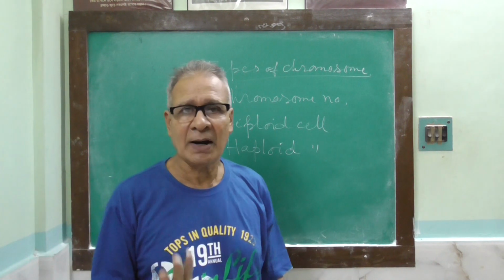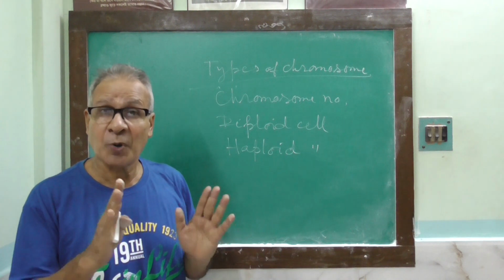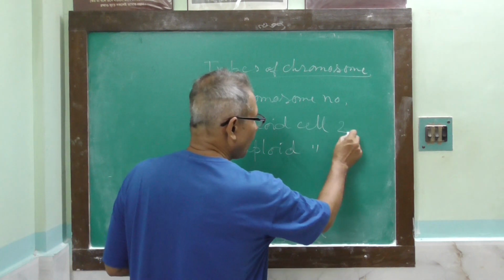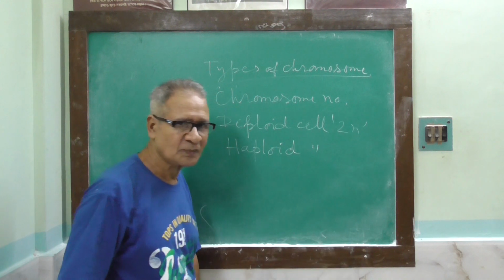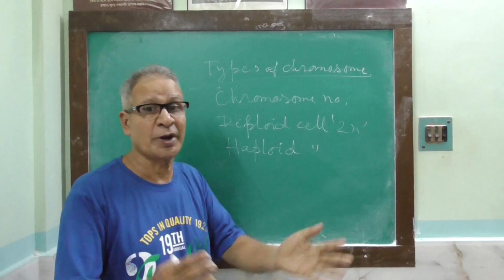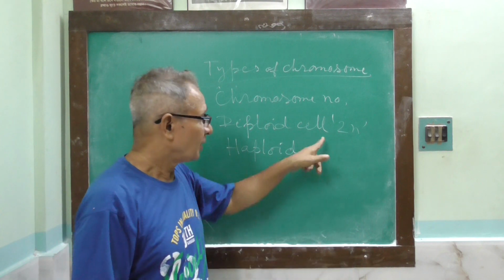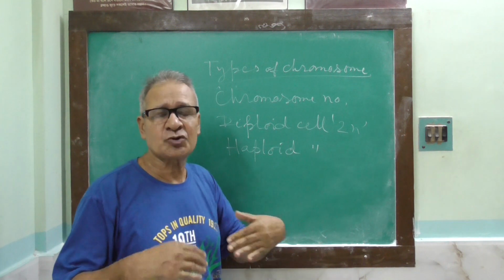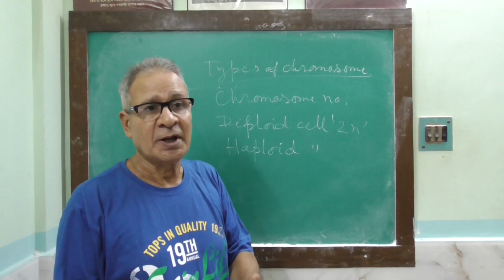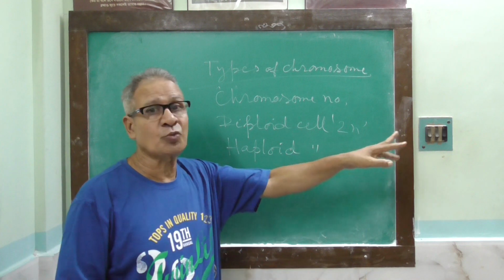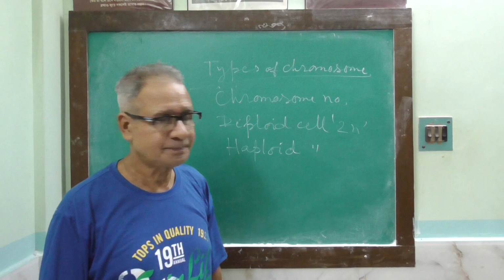Here, the chromosome number is known as the diploid number, which is denoted by 2n. In a somatic cell in the human body, 2n equals 46. That is, it is diploid.